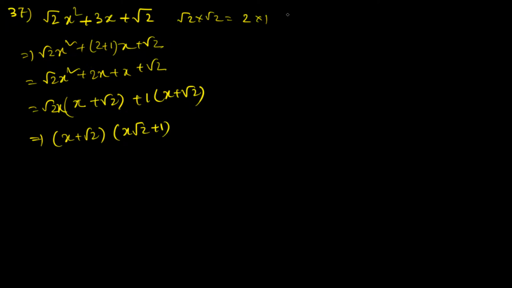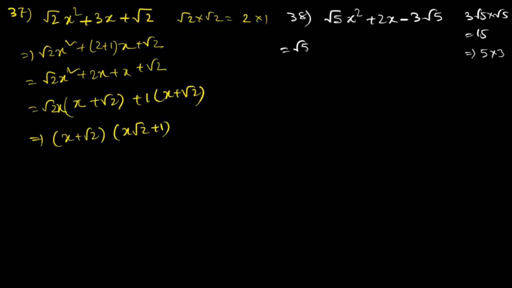Let's do question number 38. It's root 5x square plus 2x minus 3 root 5. So 3 root 5 into root 5 is 15. From 15 I need to get 2, so it's 5 times 3. So it's root 5x square plus 5 minus 3 times x minus 3 root 5.